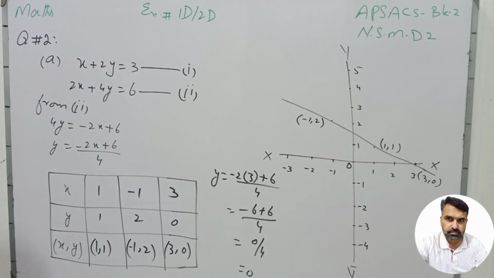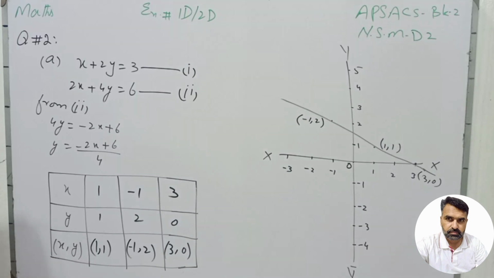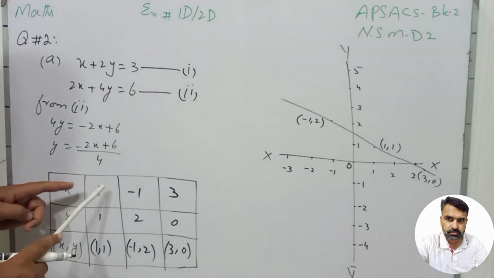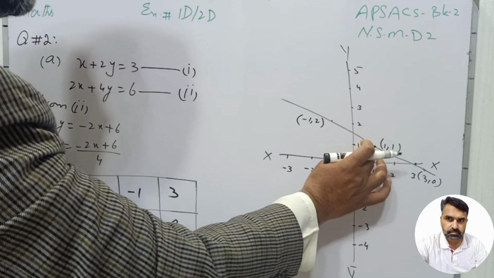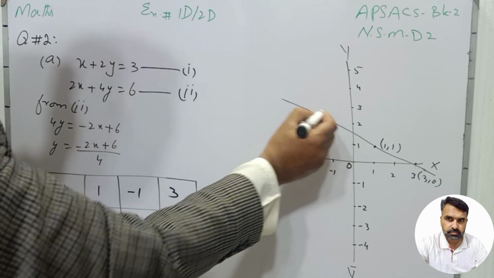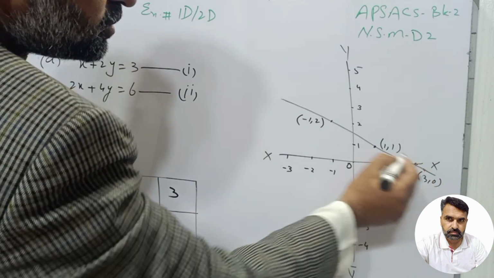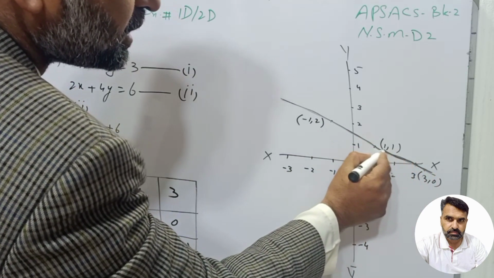And students, when we plot these three coordinates on the same piece of graph, the first is (1, 1), and (1, 1) students, is already plotted on the same graph. Then (-1, 2) is also plotted, and (3, 0) is this. Students, when we join these 3 points, there will be the same straight lines.